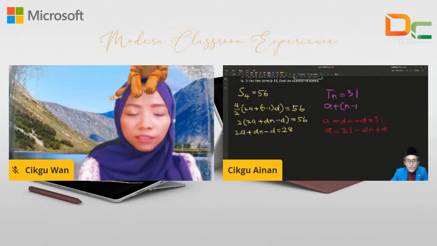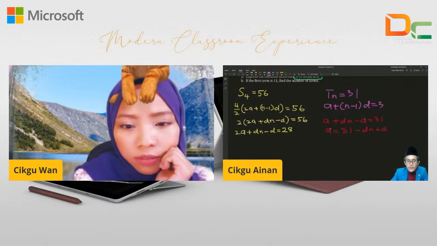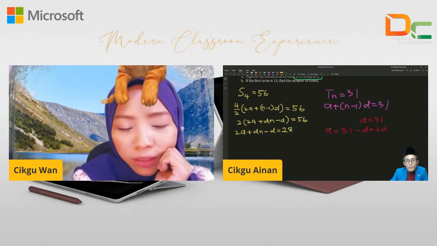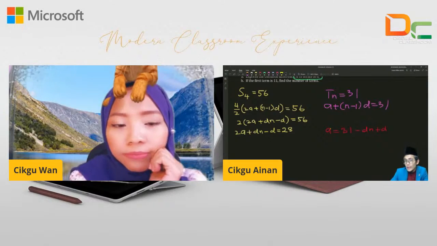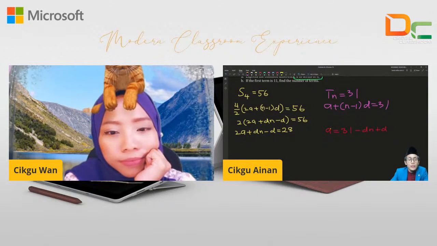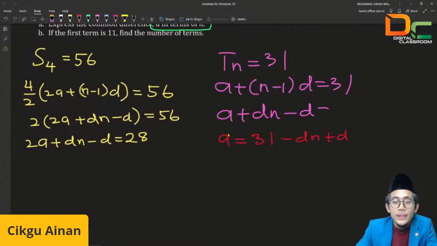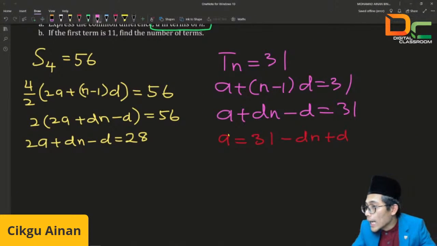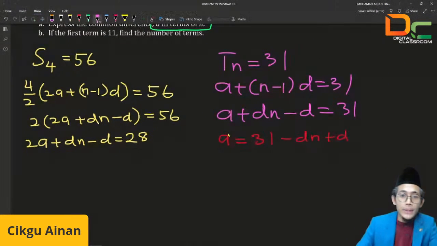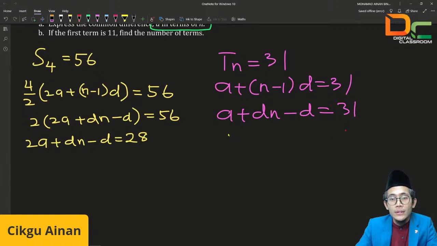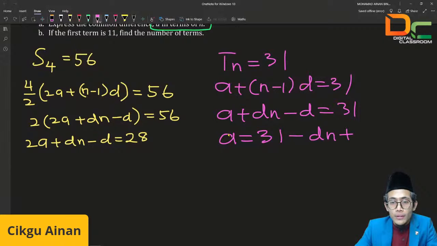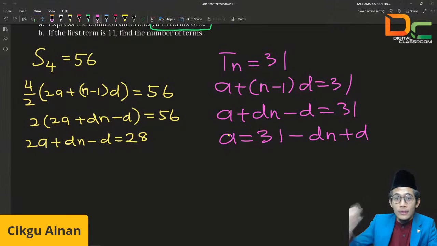So n minus 1 d equals 31. Okay, yellow with purple is better. Okay, continue. dn minus d equals 31. Can you see? I've changed it. Okay, thank you. If you don't give feedback, we won't know. Afraid we shock ourselves. Okay.